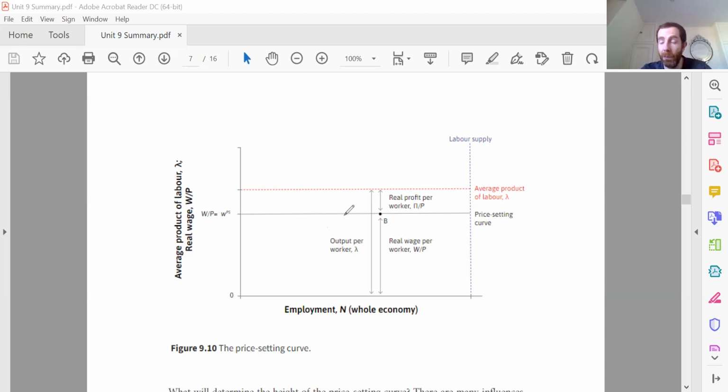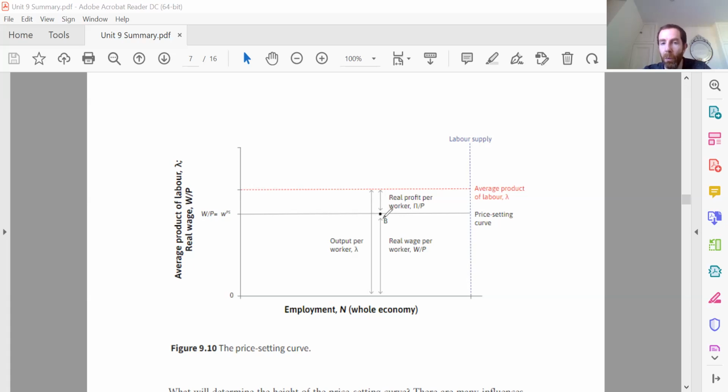And what's the link between these two things? Well, the red line shows us the total amount of money that can be made from selling a worker's output. And that has to be split between two parties. One is the actual worker, the worker who does the work, and their fraction is determined by the real wage level. So here we're imagining that we're at an equilibrium at point B. So this level of employment, and this is the real wage.